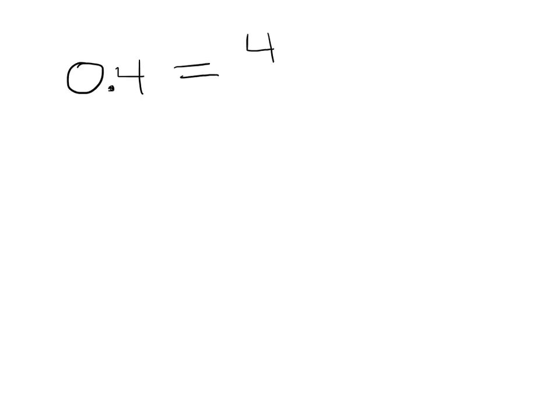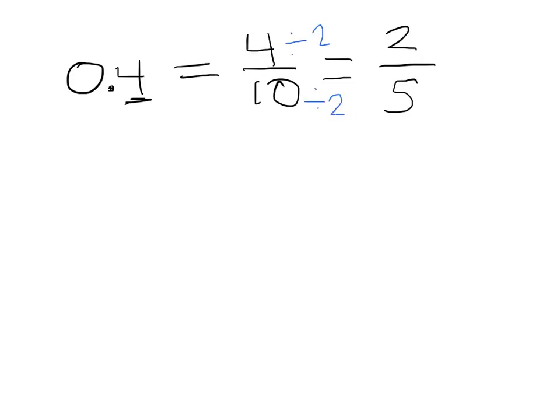So I have 4 tenths. Now remember, since the 4 is in the tenths place, I can write it as 4 tenths. And 4 tenths can be reduced to 2/5. And I figured that out because I saw that I could divide both the 4 by 2 and the 10 by 2. So 4 divided by 2 gives me 2, and 10 divided by 2 gives me 5.